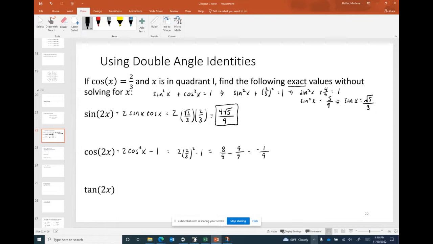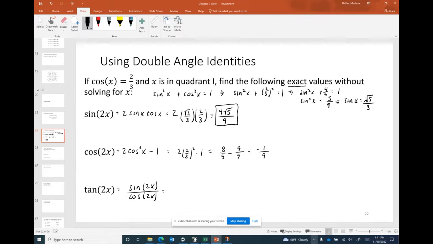Tangent, well, we actually do have a double angle identity for the tangent, but it requires us to know what the tangent is. We could use the double angle identity and find the tangent first, or you know what's easier, since we know the tangent identity says that it's equivalent to the sine over the cosine, we could rewrite this as the sine of 2x over the cosine of 2x.